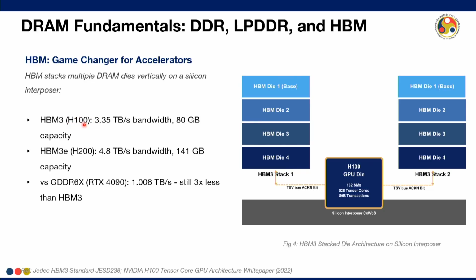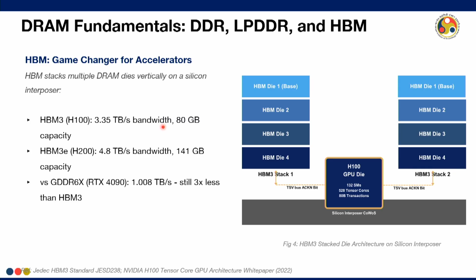The modern GPUs come with HBM. HBM3 comes with the H100, the Hopper architecture that we talked about, one state-of-the-art NVIDIA GPU, which brings around 3.35 terabytes per second of bandwidth.